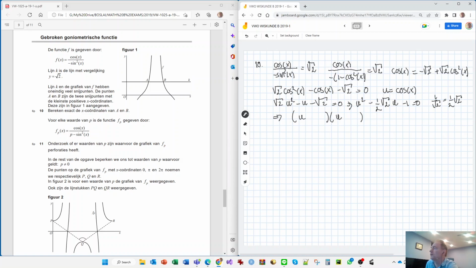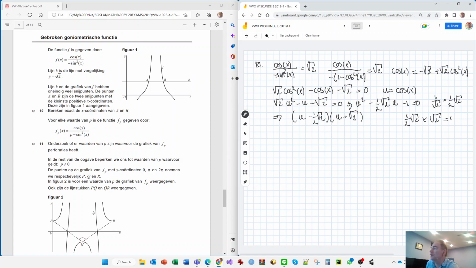You don't get the square root of 2, but from this you can kind of, as a hint, try a combination of 1/2 square root of 2 and the square root of 2, because multiplied these are 1. So let's try a minus 1/2 square root of 2 here and the square root of 2 here.